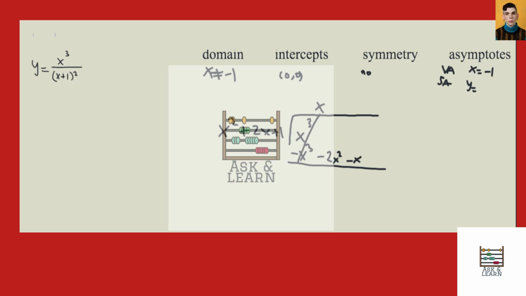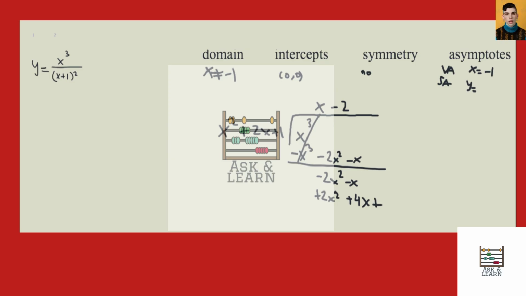Okay, and now we have x squared into minus 2x squared, so minus 2 times x squared, bring this down, minus 2 times x squared, but switch the sign, positive 2x squared. And now negative 2 times 2x would be minus 4x.